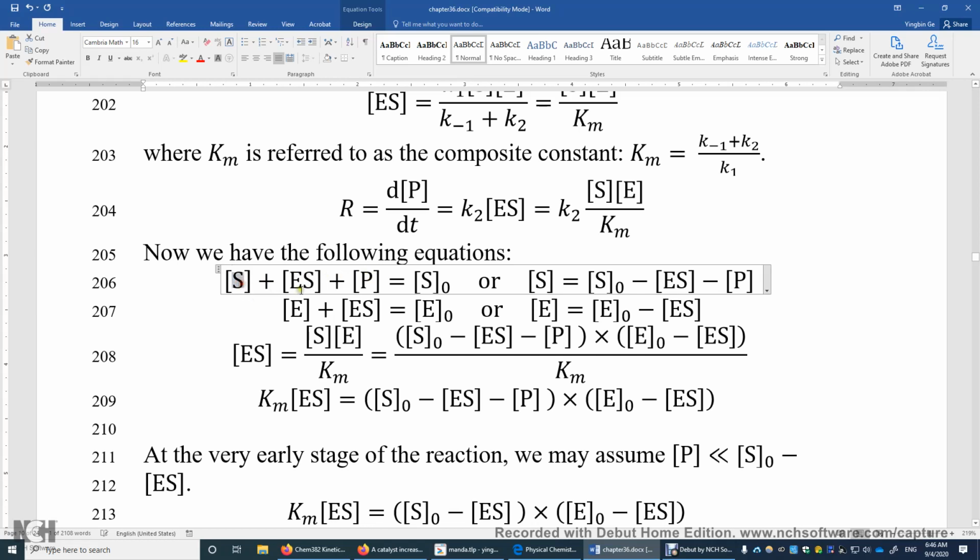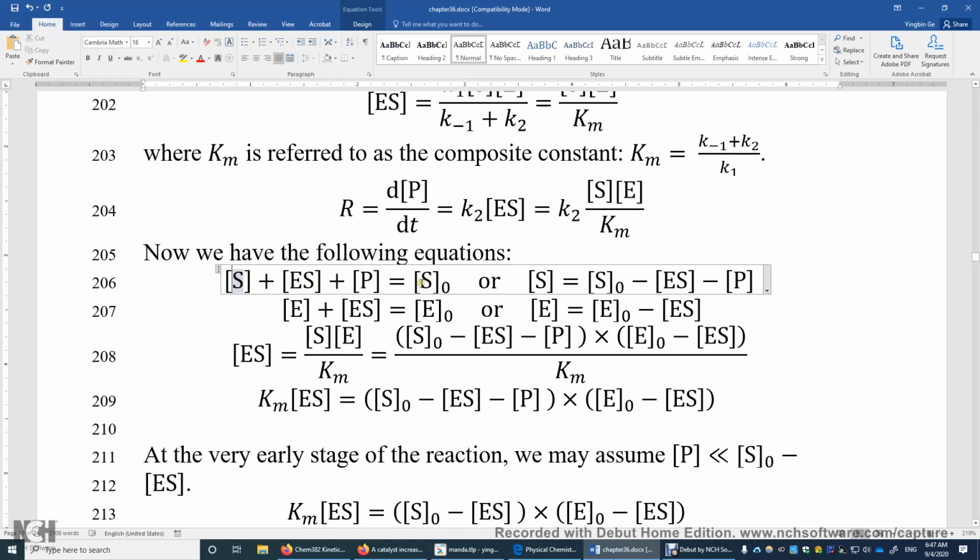Unreacted S, as in a complex, or S converted to P. So the sum of these three is a constant, and it's just S0. S0 is the initial concentration of the substrate. Again, we assume there's no ES or P in the reaction system at the beginning.